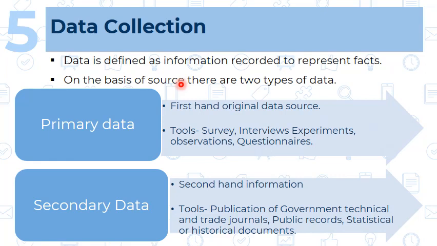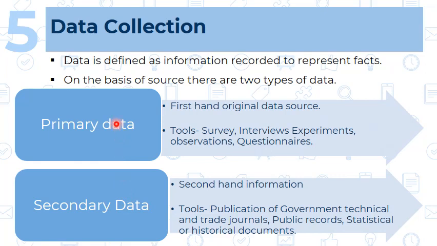Why do we say second hand information? Because the data which is required is already collected in some other source, and we are just going to pick it up for our research problem. So which are the tools for that? That is the government publications or the technical and trade journals, public records or the statistical or the historical documents, or the earlier research, or websites.